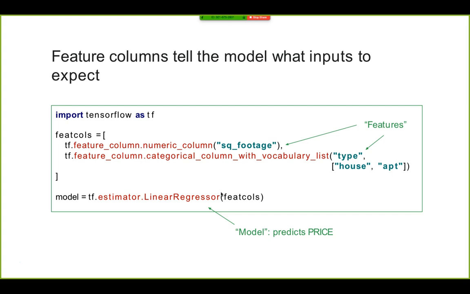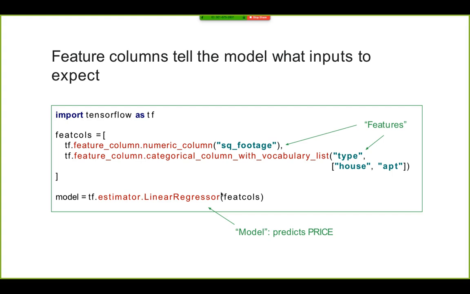If it is categorical, and the number of categories is small, we can use tf.feature_column.categorical_column_with_vocabulary_list. Then we write the column name and pass the possible values, like in our case, house and apartment. If we have three or four values, we can manually write them.